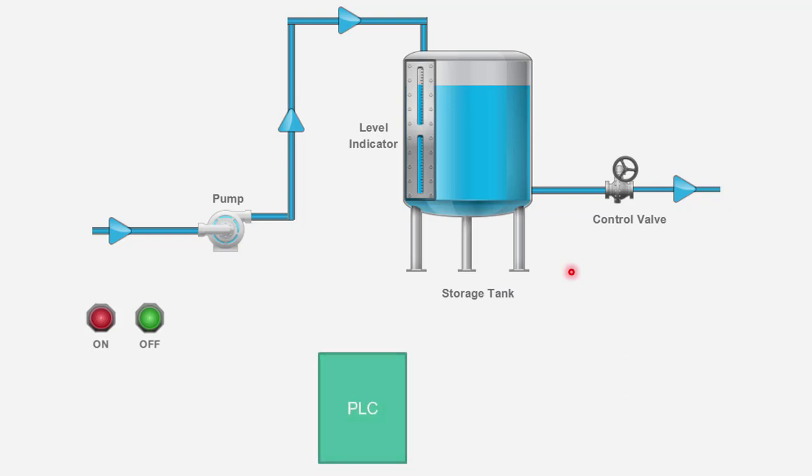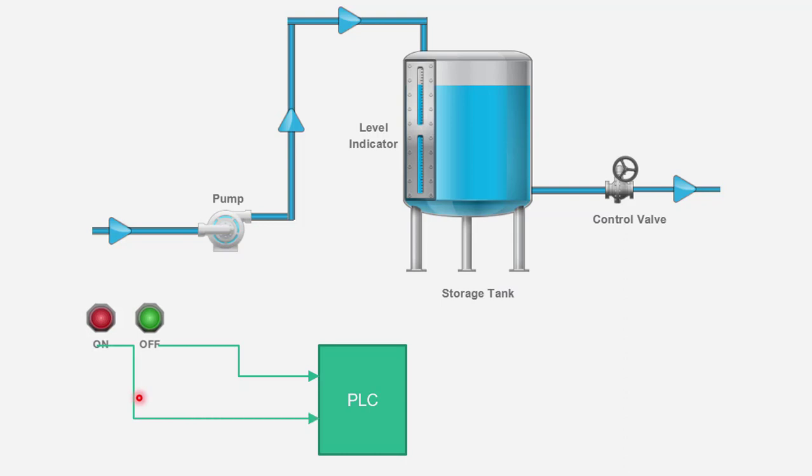Here we have the PLC. The first input will be from the push buttons, because here we have two buttons. From the push buttons some digital signals will be generated, and based on that the pump will start or stop. So here we have two inputs to the PLC.